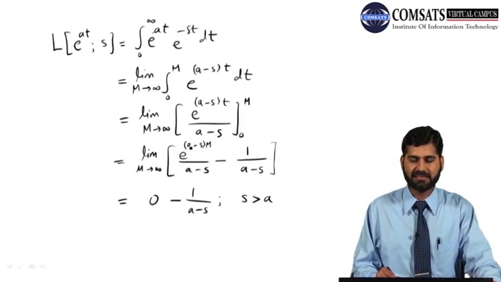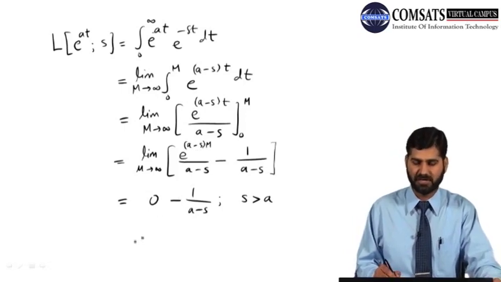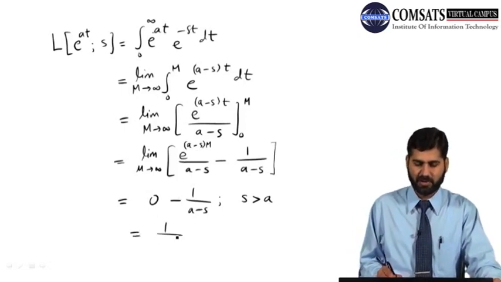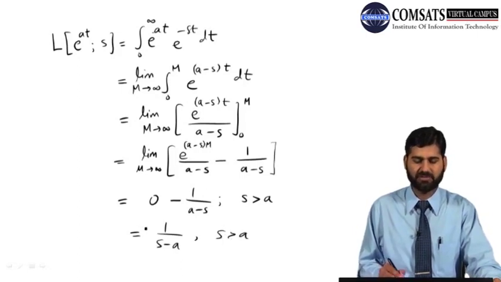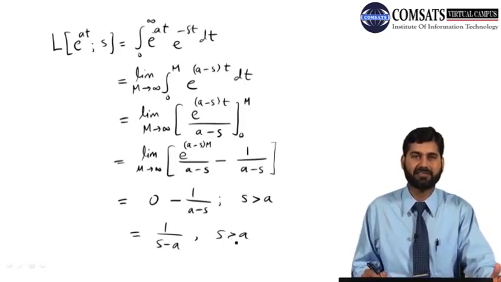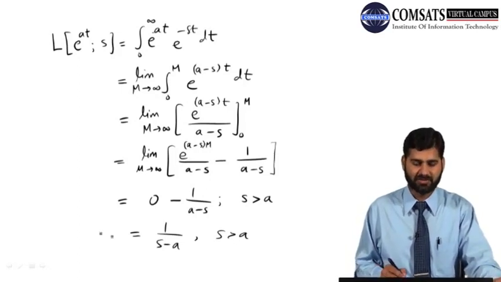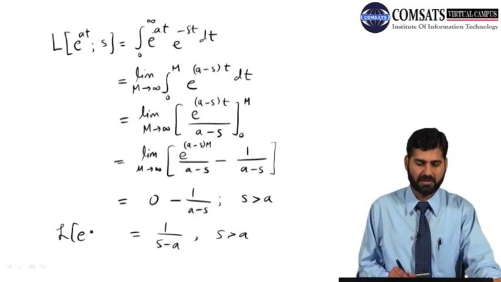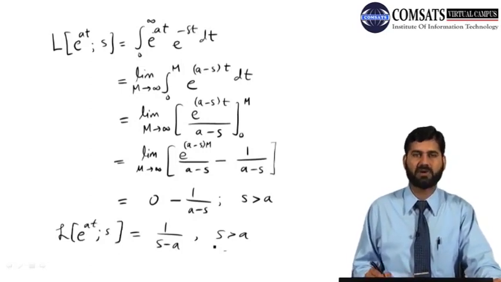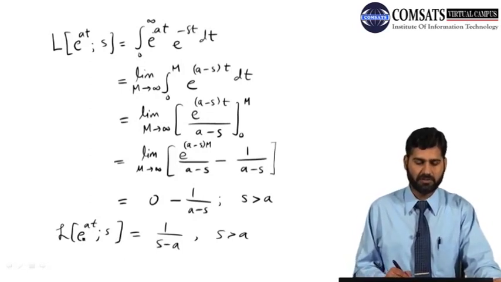Alright, so if s is greater than a, this will be negative. So e to the negative m, m goes to infinity, will go to 0. Alright, so this will become 1 over s minus a. So this will be the domain. Now it's not s greater than 0, it's s greater than a. So this is defined for s greater than a. So the Laplace transform of e to the at with respect to s is 1 over s minus a. So what will be the Laplace transform of e to the 2t?